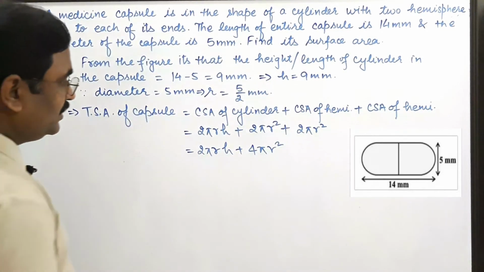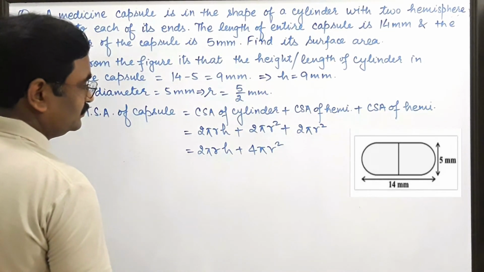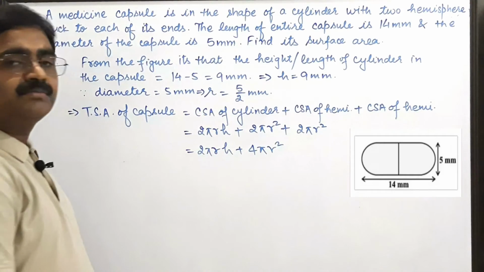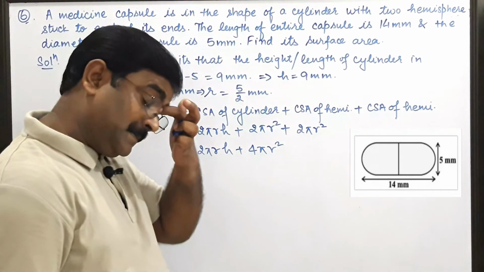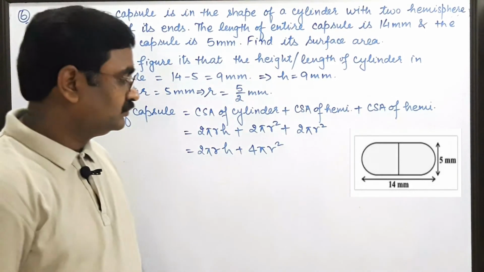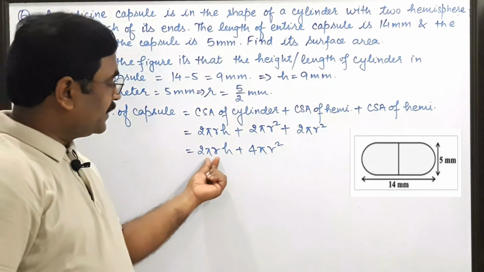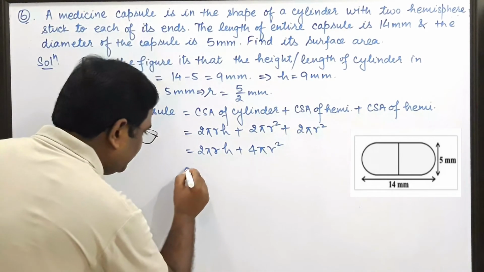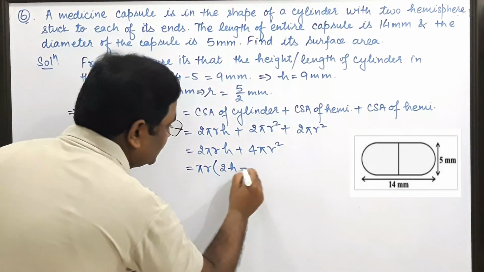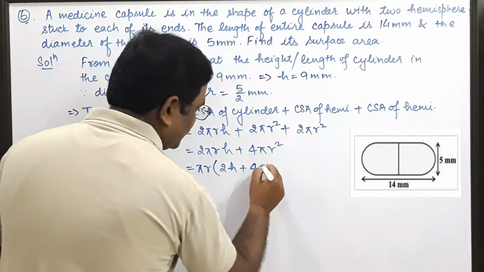Let us take something common, that pi and one r is common. Okay, pi and r taken common, so we'll get 2 multiplied by h plus 4 r.